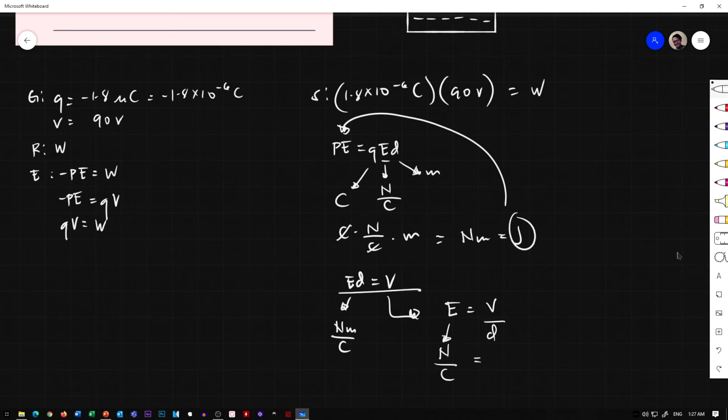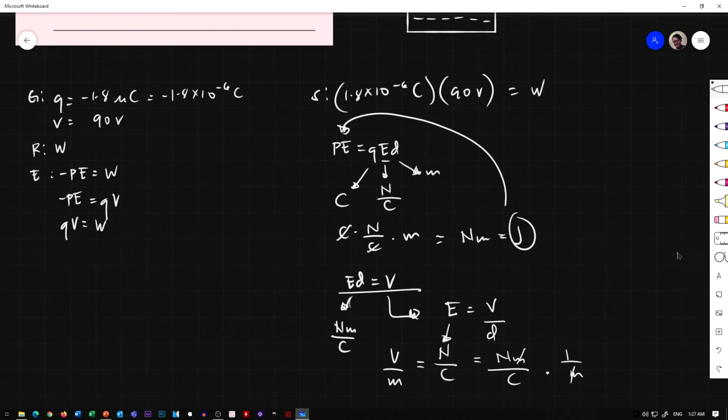Since we have voltage here, which has a unit of newton meters per coulomb, multiplied by 1 over meter, because this is division, this is how it looks. As you can see, you can cancel this out. See? So newton per coulomb is also equal to volts per meter.